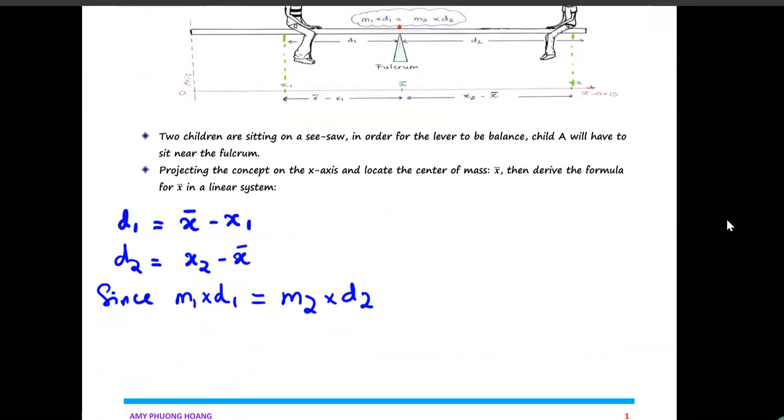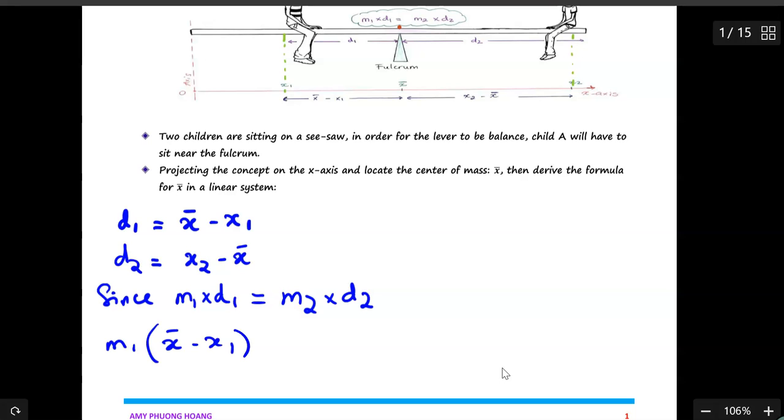What I'm going to do is replace d1 by the value x bar minus x1, and replace d2 by the value of x2 subtract x bar. Now this formula will become m1 times (x bar subtract x1) equal to m2 multiplied by (x2 subtract x bar).